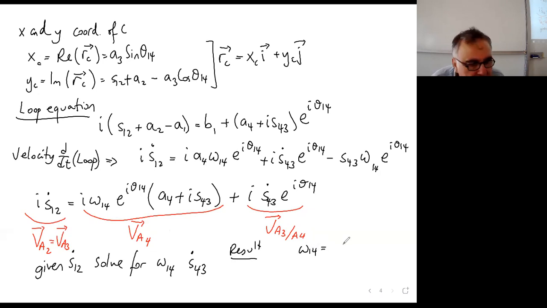Omega 1,4 will be, you can check this from Eres Hoca's transparencies actually. That's a double dot of S43, right? That's a single dot.